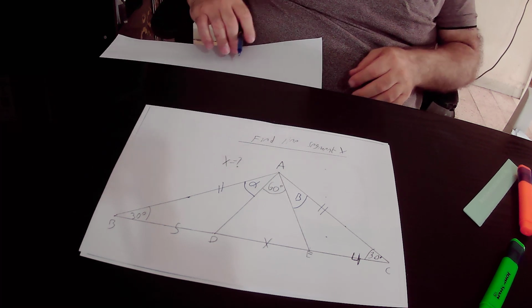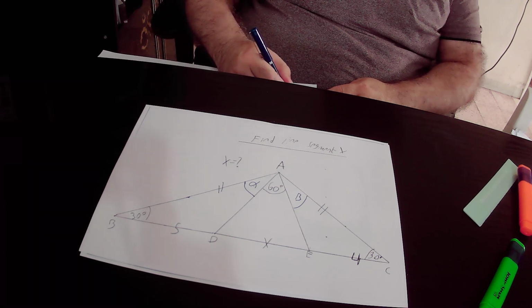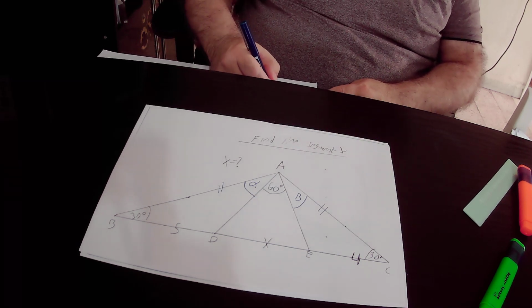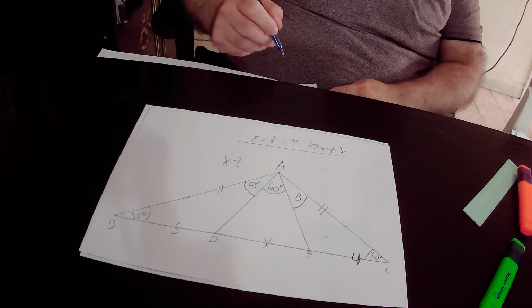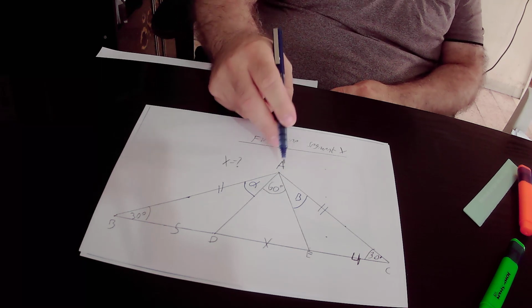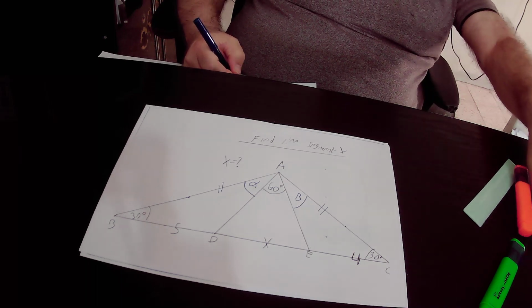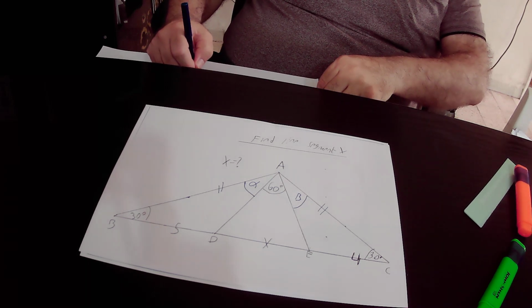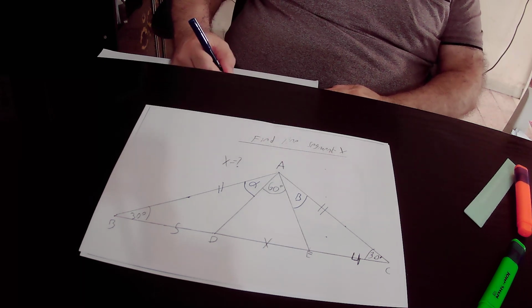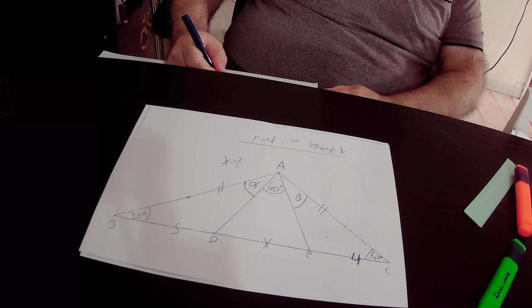So inside triangle ABC, we have one angle that is equal to 30 degrees, plus this angle that is also equal to 30 degrees, plus this angle that is equal to alpha, plus this angle that is equal to 60 degrees, plus this angle that is equal to beta. In total, the sum of all those angles must be equal to 180 degrees.